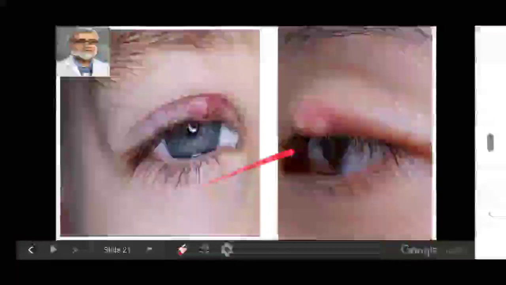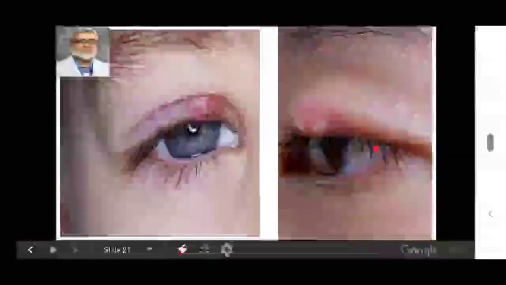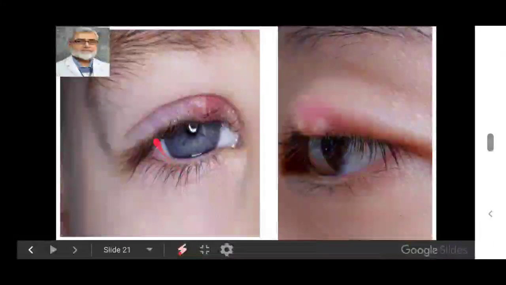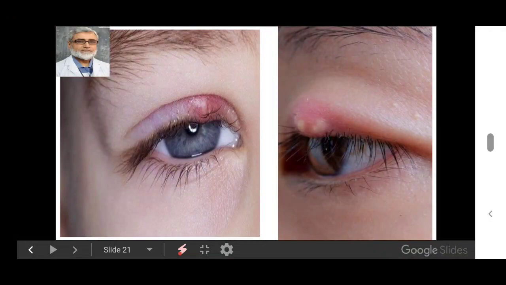Eyelashes you can see here. Usually the roots are infected and a series of infections runs over the margin of the eyelids. It's a very painful condition.